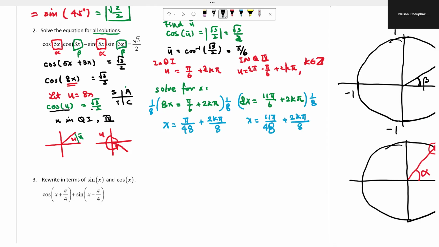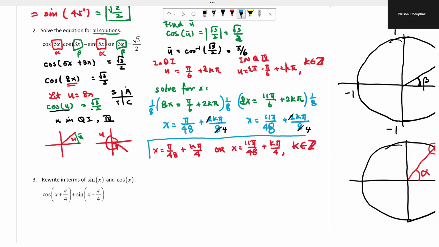Now we are going to simplify. Then I will have x is equal to pi over 48 plus k pi over 4, or x equal to 11 pi over 48 plus k pi over 4, where k is an integer. Okay, so this is my solution.